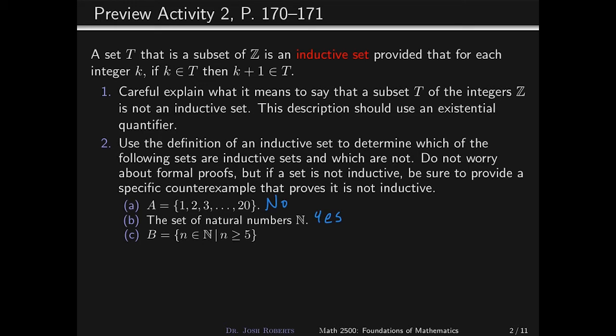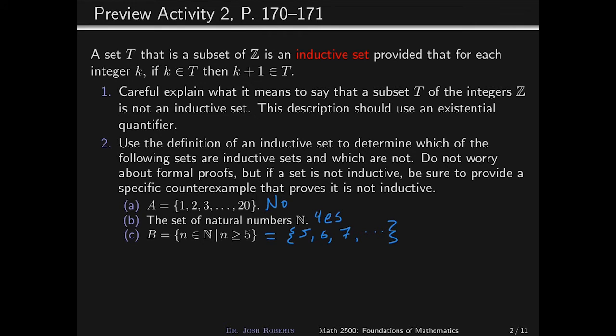So this is a subset of the natural numbers, and I'm starting at 5. So this is equal to 5, 6, 7, and so on. Now, you might think that, it doesn't include 1 or 2 or 3 or 4.